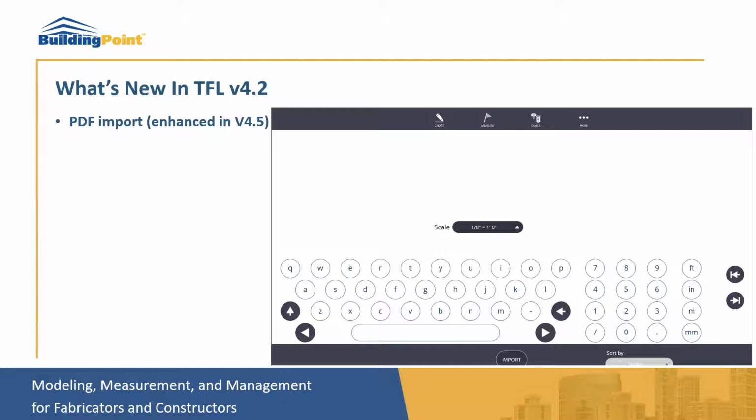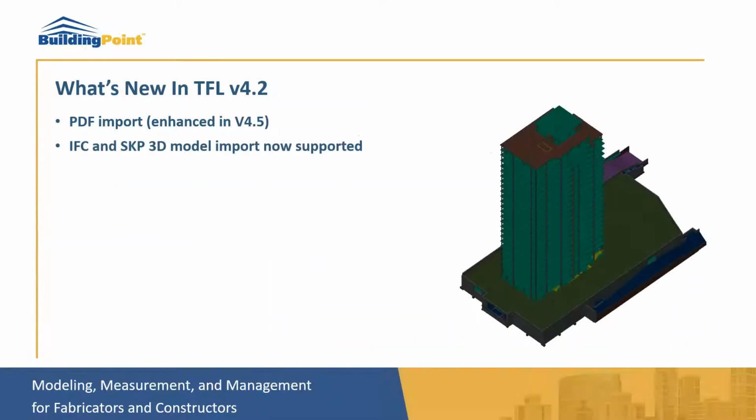So those are a few criteria that needed to be respected for the PDF import command to work well in TFL. But once you had a vectorized PDF and you brought it in TFL, you would set your scale, and the information would come in and could be used as a background file.